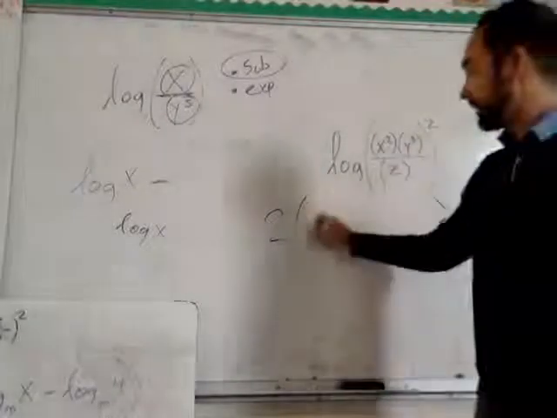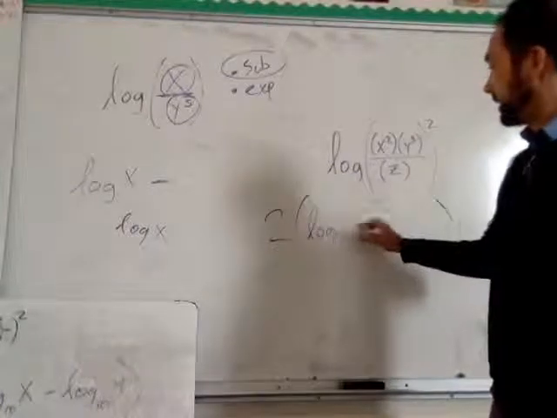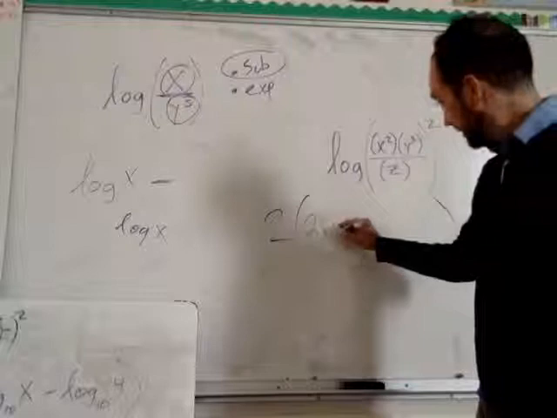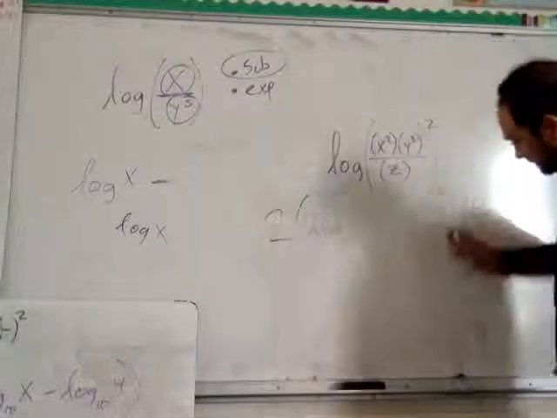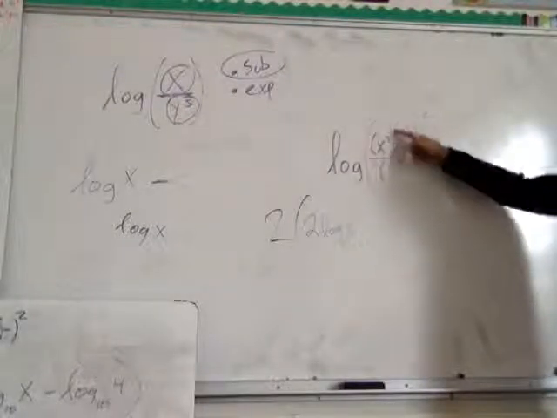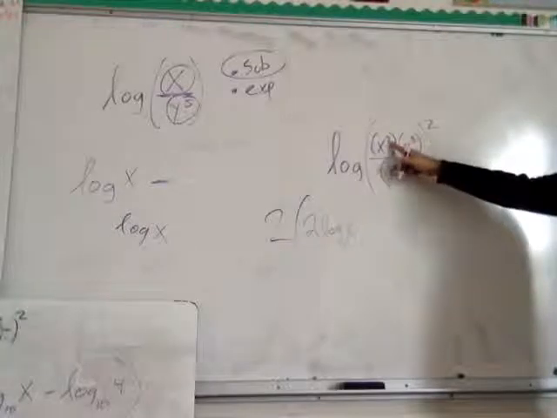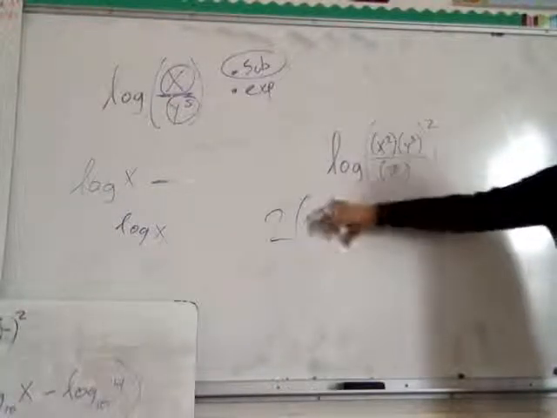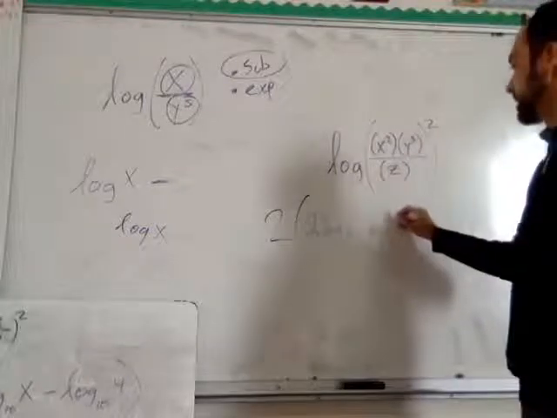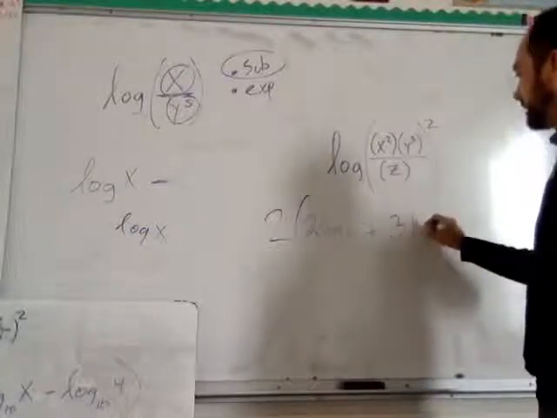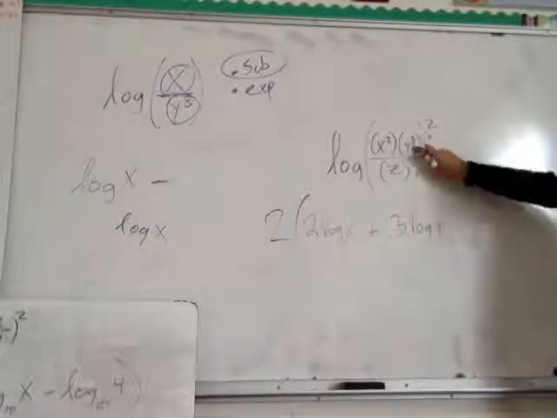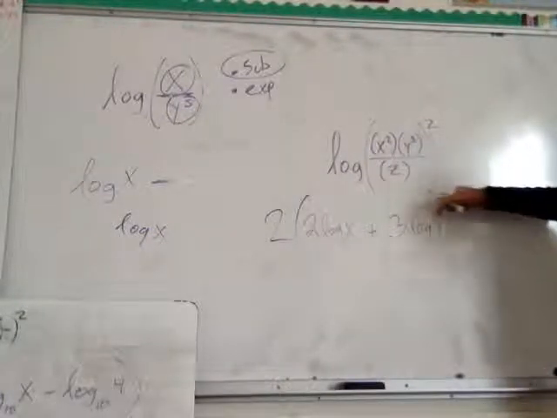We're going to end up with log 2 log x. The 2 of this exponent is applied to the 2 log x. So this term is 2 log x plus 3 log y. The 3 is only applied to the y.